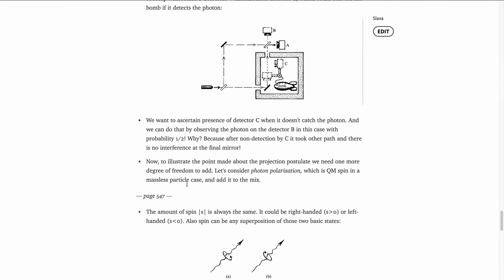Yeah, and now we're ready to illustrate the point made about the projection postulate, but we need one more degree of freedom to add. So we need to consider for this the photon polarization, which is quantum mechanical spin in the massless particle case. So let's add it to the mix.